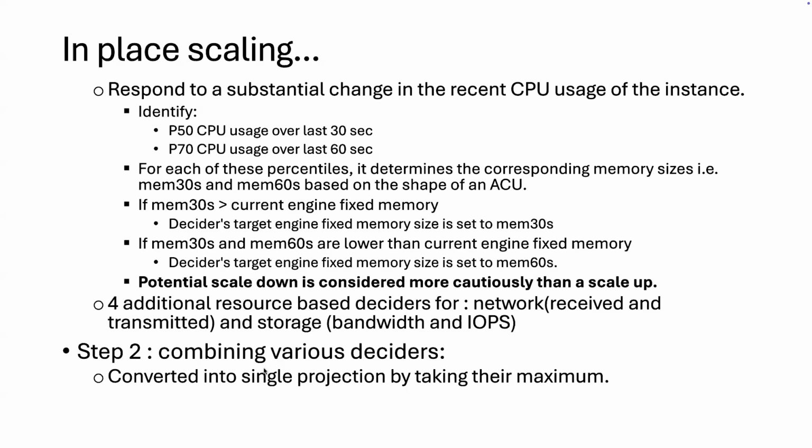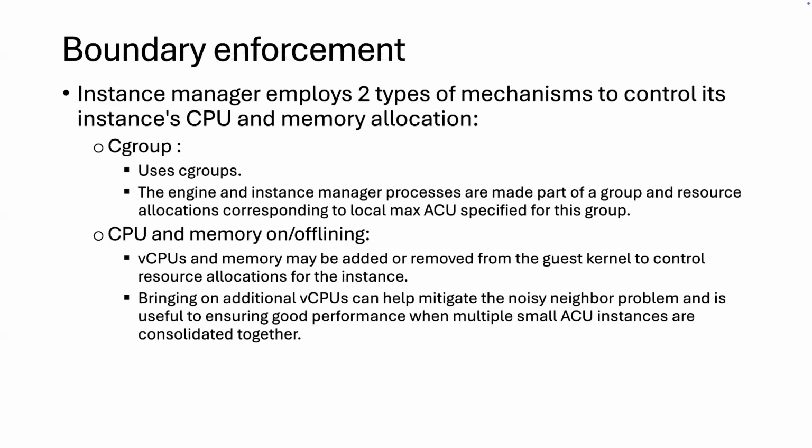Then, in the second step, once they have numbers or projections from all of these deciders, they combine them by taking their max. That's how they combine this. So after this step, we have a single number which decides what my engine buffer pool memory size should be.